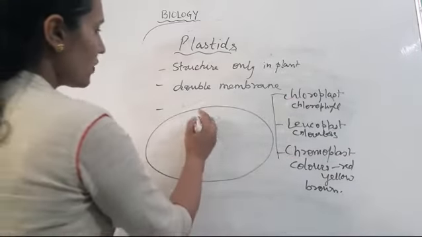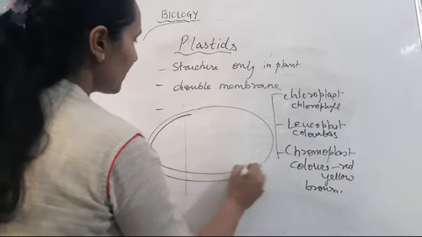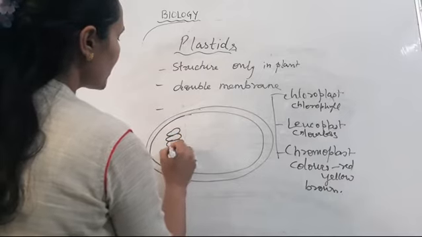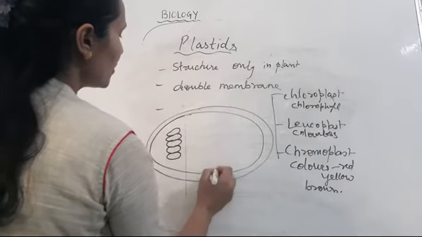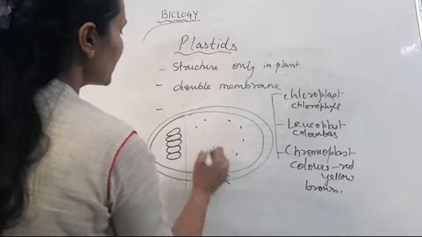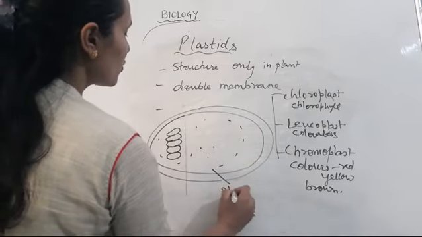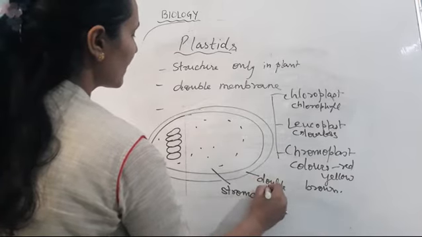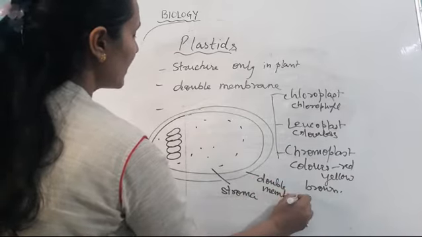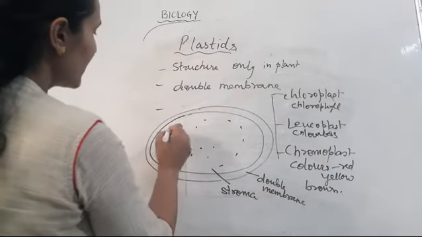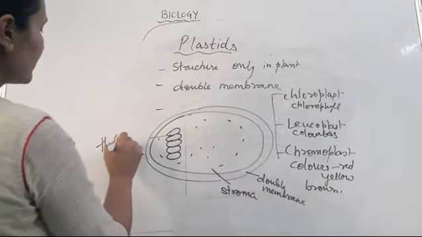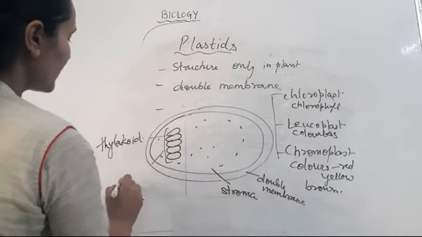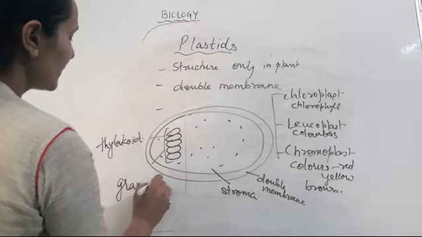So this is the structure of a chloroplast. It has a double membrane. Then there are these stack-like structures present inside the stroma. The ground substance present inside the chloroplast is called stroma. This sac-like structure is known as thylakoid, and together they are known as granum or grana.